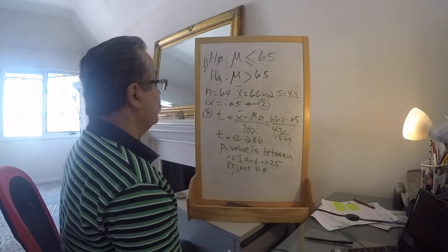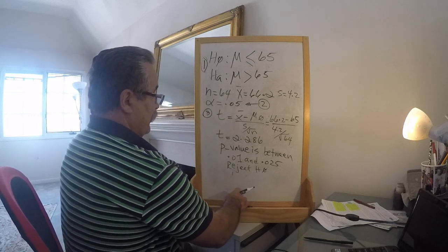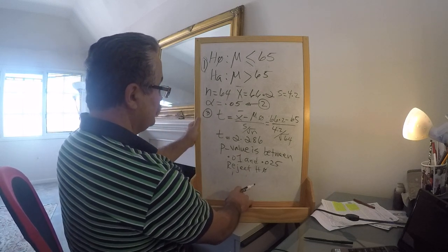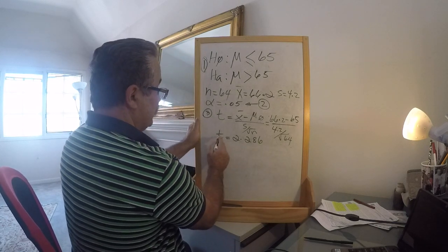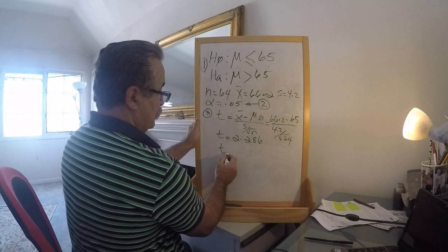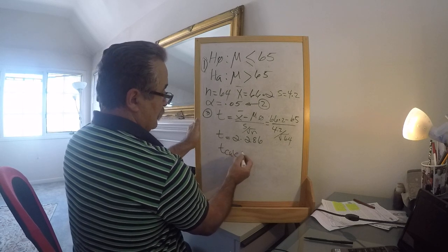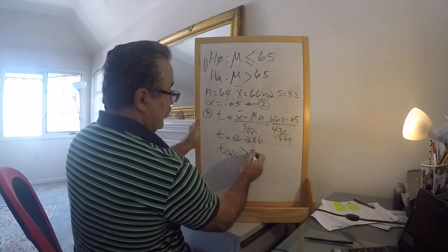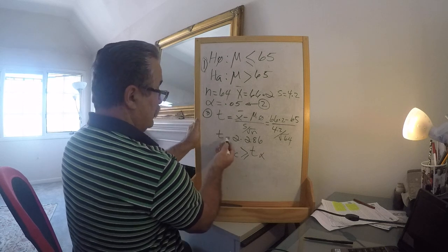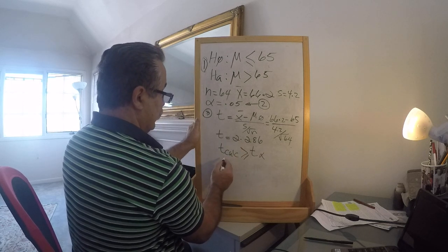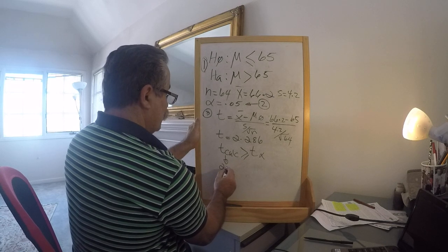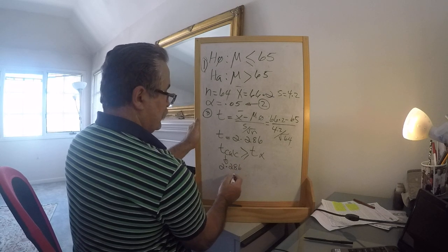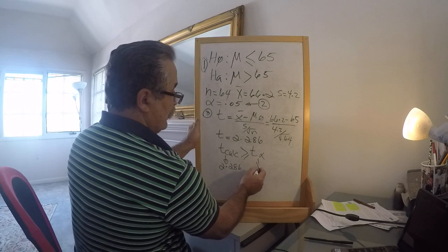Okay? Now, for the critical value approach, the t-calc, if it is greater than or equal to t of the given alpha, we reject. The t that we calculated is 2.286. Let's see what t of the alpha is.